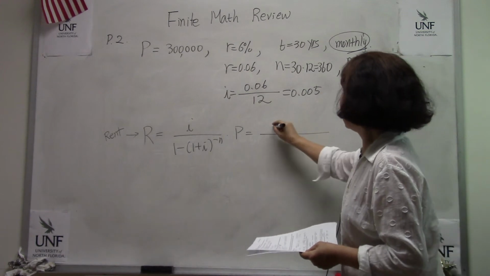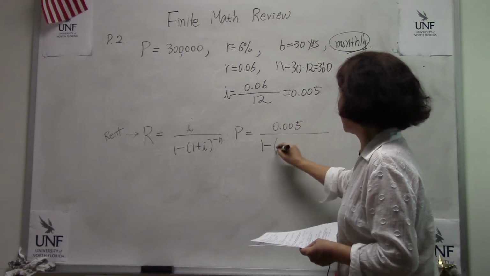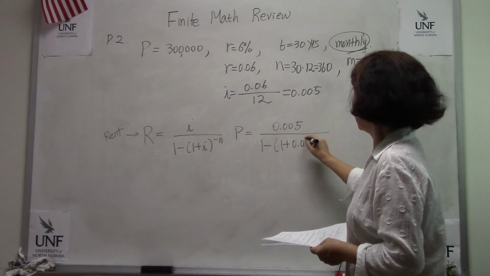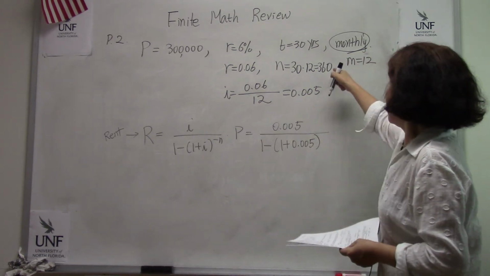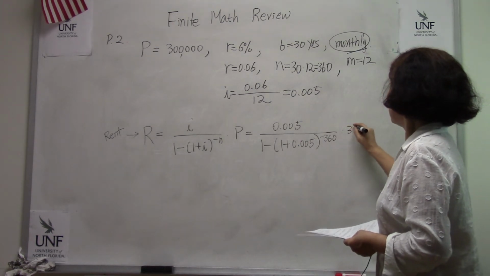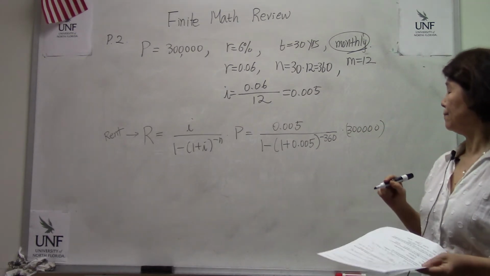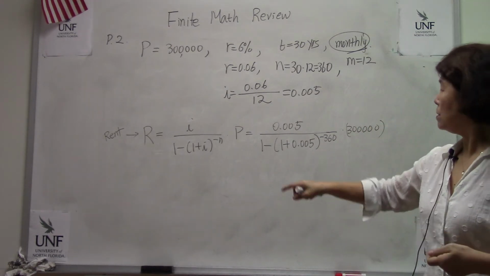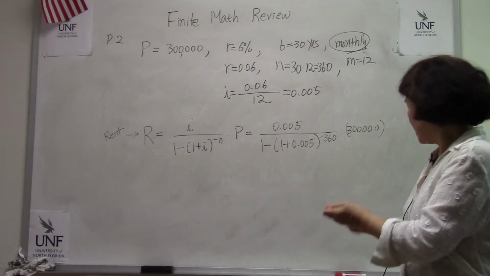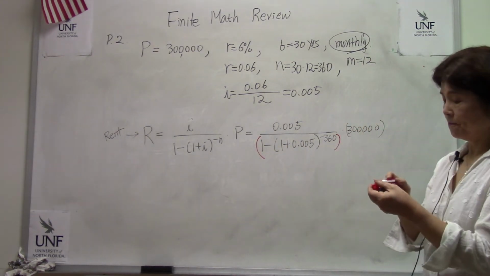So i is 0.005 over 1 minus 1.005 to the negative 360 power, times 300,000. Of course, when you have two parts like this, you are going to open a parenthesis.